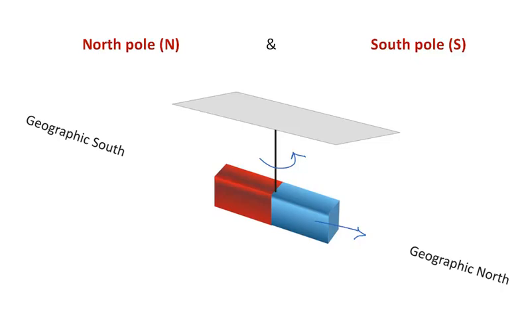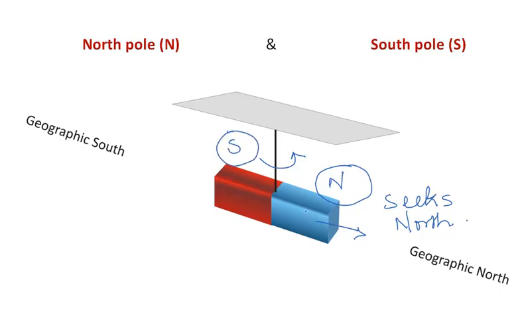The end which orients itself, points towards or seeks north of Earth, that is known as the North Pole of the magnet. So this is the North Pole because it is seeking north. And the other end obviously is the South Pole because the opposite end will be the geometric south.